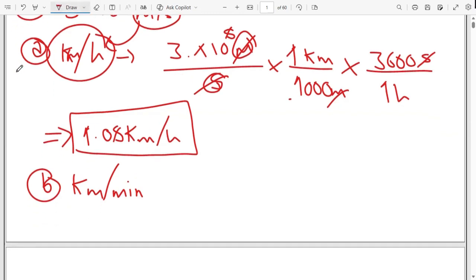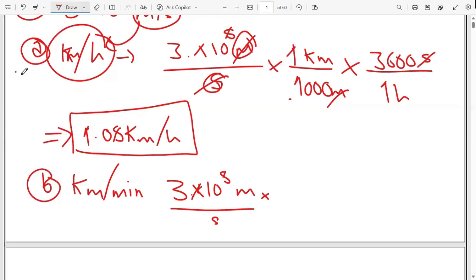my 3 times 10 to the power 8 meters, and the second is a denominator, multiplied by, I'm now converting into kilometers per minute.